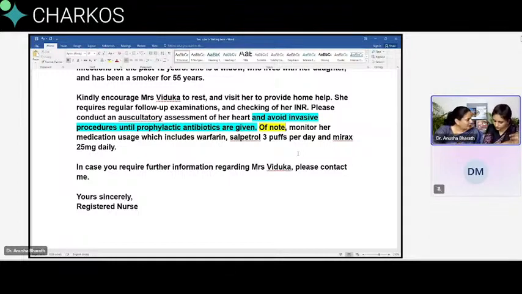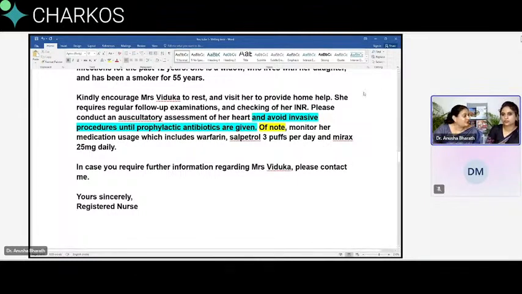If you can take one more example, if I am writing a letter to Dr. Anusha Bharat regarding a patient named XYZ, and that patient is allergic to penicillin, it is very, very important. So Dr. Anusha Bharat will make a note of it that the patient is allergic to penicillin.